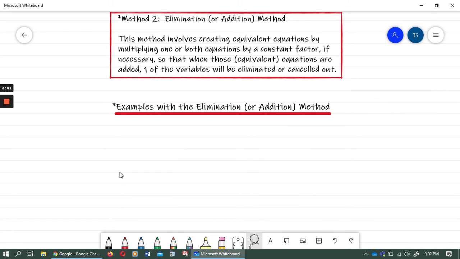Alright, so let's look at a few examples using the elimination method, or the addition method.